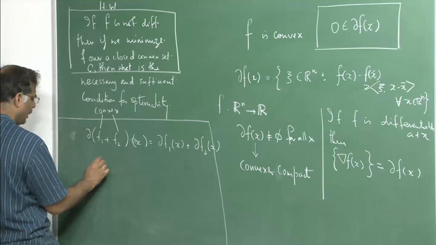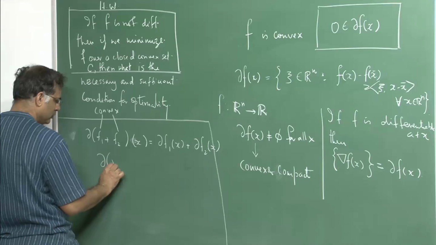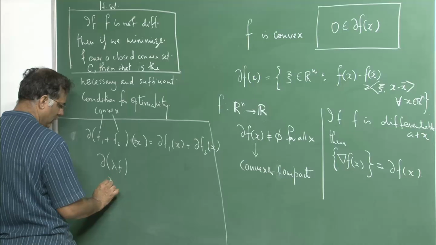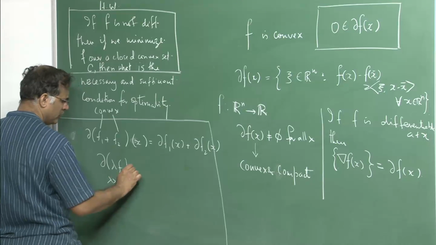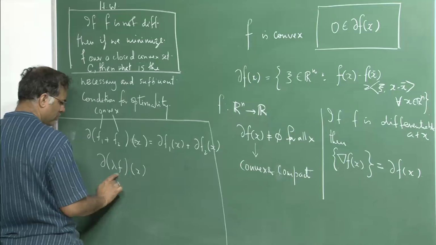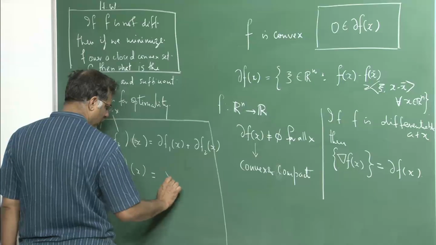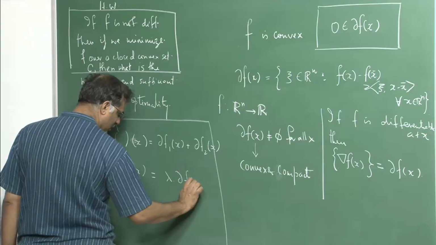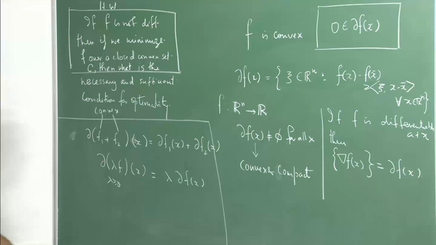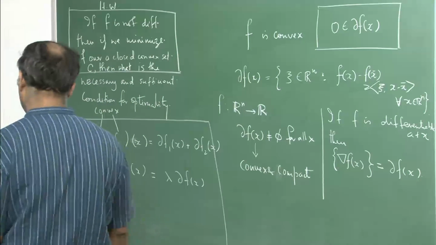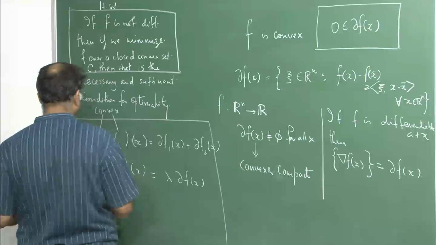Another calculus rule which is simple to understand: you take any lambda greater than or equal to 0, then compute the function lambda f at x and take the subdifferential. This is the same as doing this. So, there is a sum rule like the derivative, there is this rule of getting the constant out, and there is also a composition rule, but which is much more complicated.